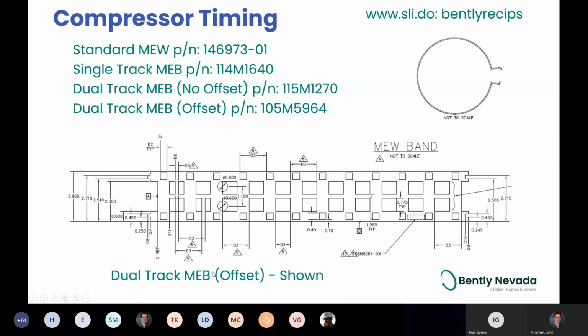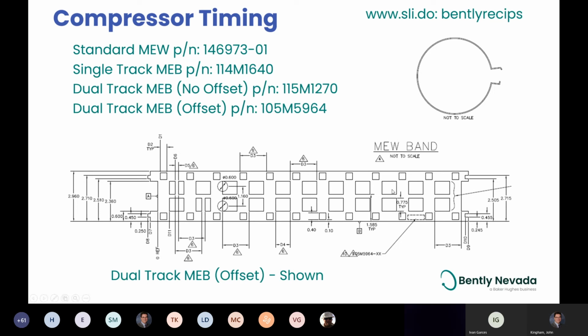This is the multi-event band, and you can see here we've got a double notch here, and we've got a double notch here. So this is a dual track offset, and you need to make sure that you measure your crankshaft, or where you're putting this, very accurately, because there is a very low tolerance for error here.